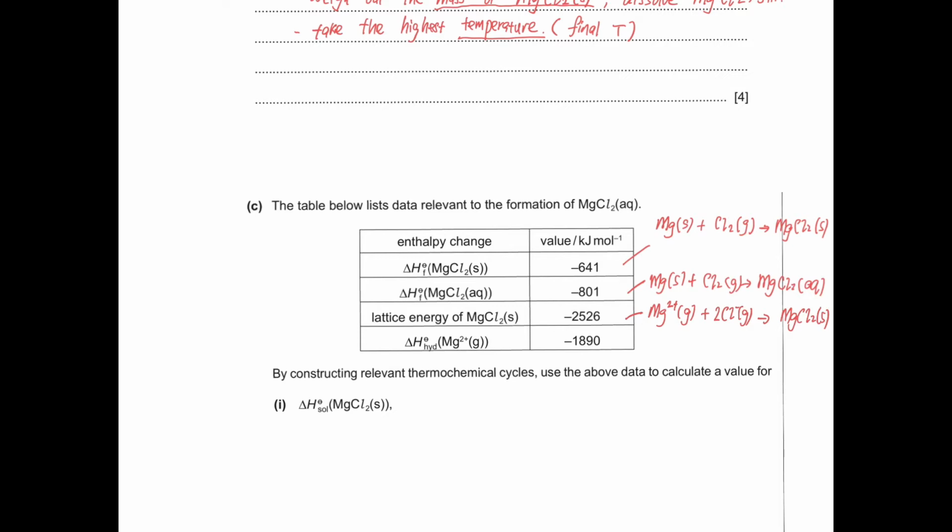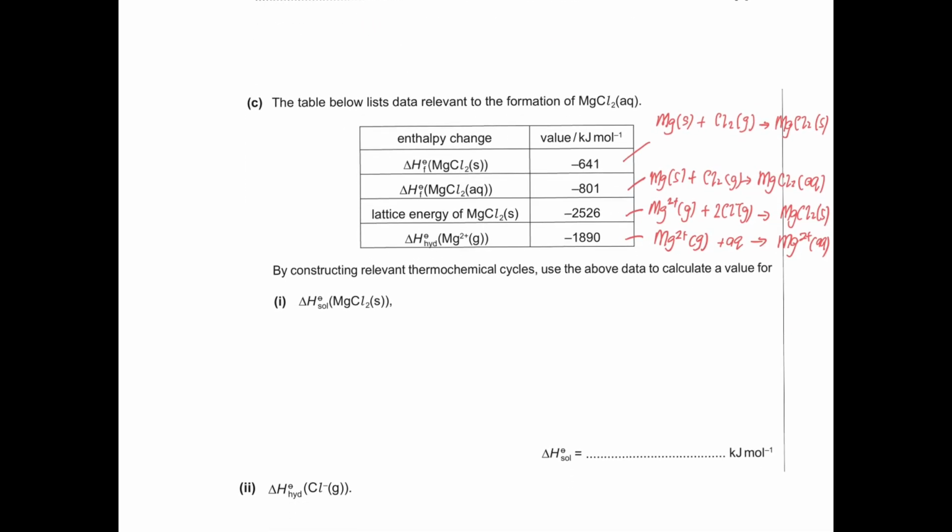This is magnesium 2 plus gaseous ion plus water becoming magnesium 2 plus aqueous. So they give us the hydration of the positive ion. They don't give us the hydration of the negative ions. Let's continue with the question again.